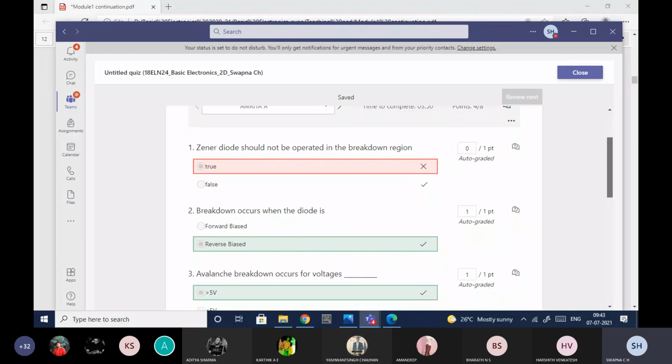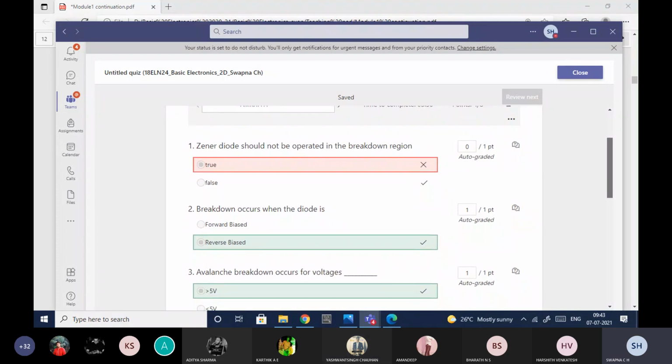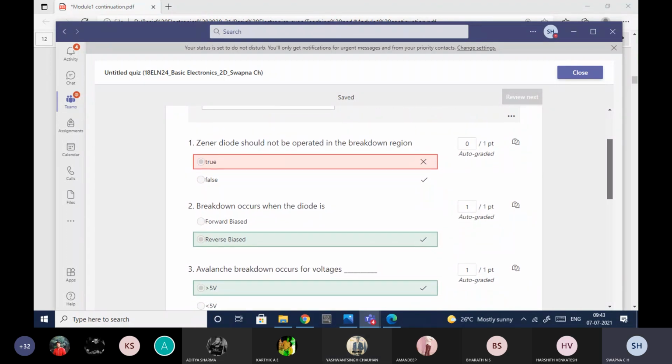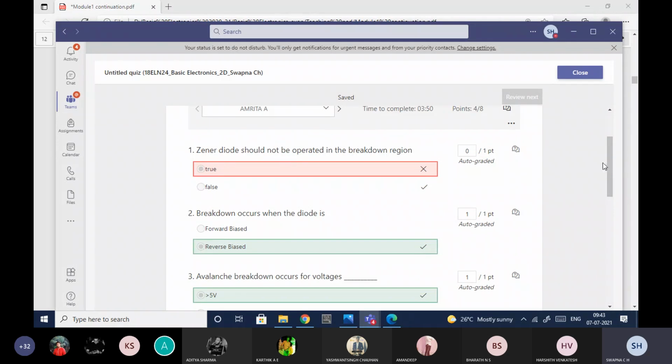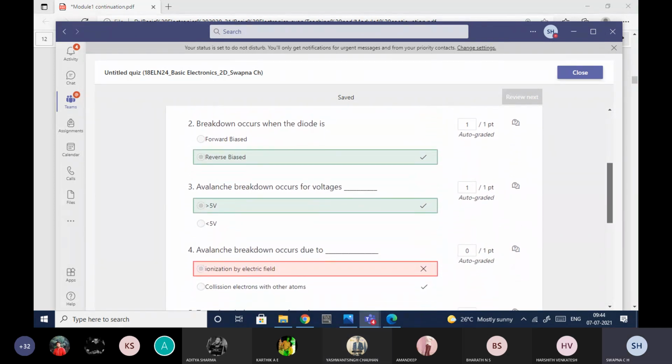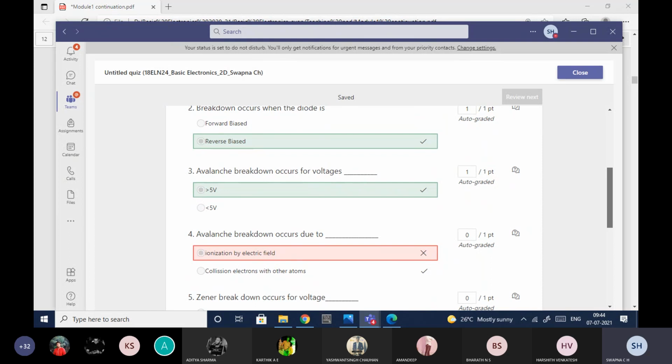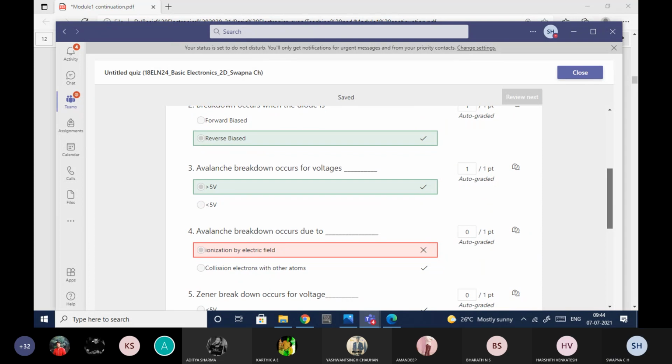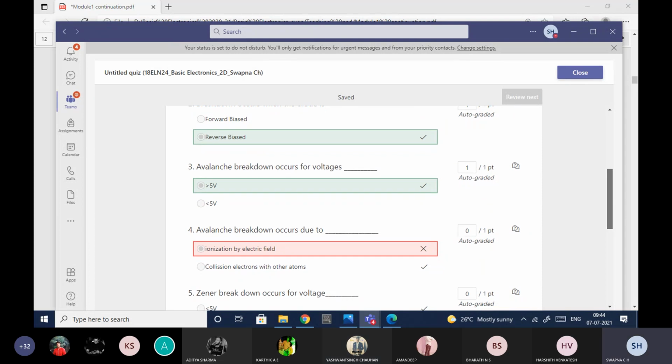False, because the Zener diode is designed to work in the breakdown region only. The breakdown occurs when the diode is reverse biased. Avalanche breakdown occurs for voltages greater than 5 volts.